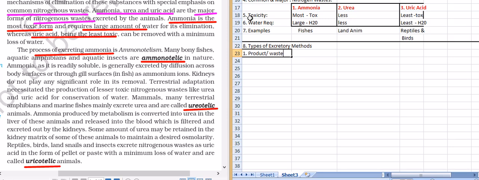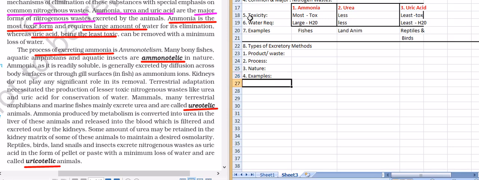It can also be called waste. Next is the process, what type of process they are following. Third is the nature of the method. This is simple terminology. Further, next we have to go for the examples.